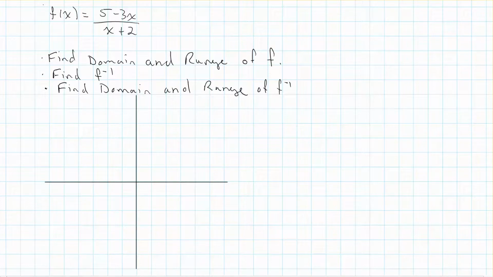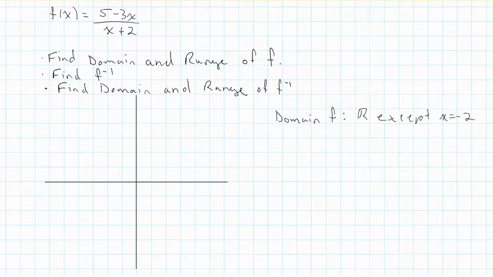So first off, the domain here of f, that should be easy because the only thing that makes the denominator 0 is the only thing we're concerned about. And so the domain of f is going to be all real numbers except x equals -2.